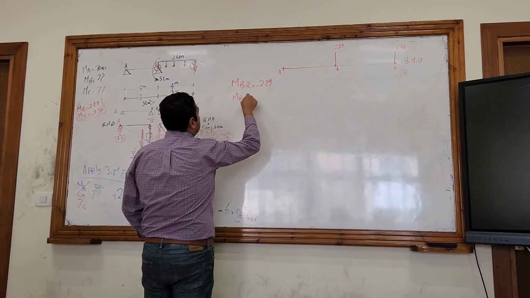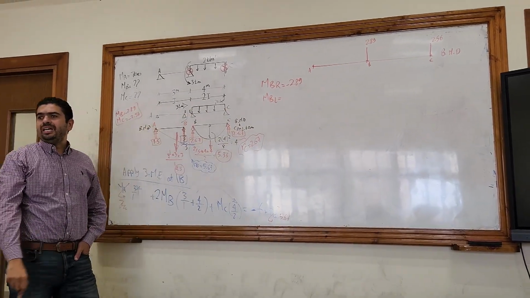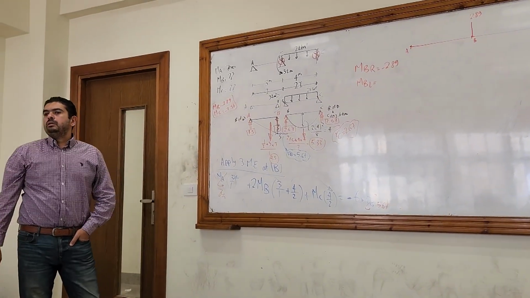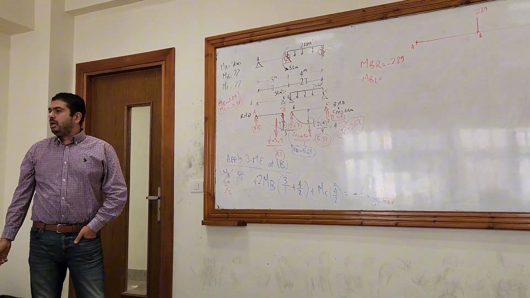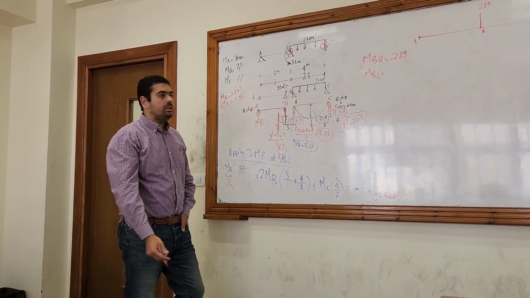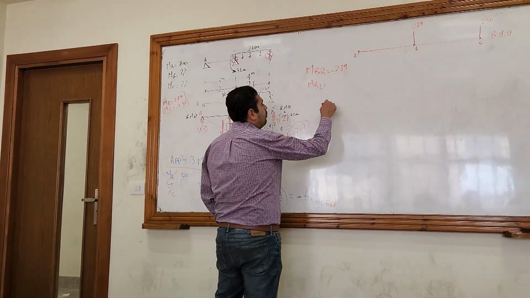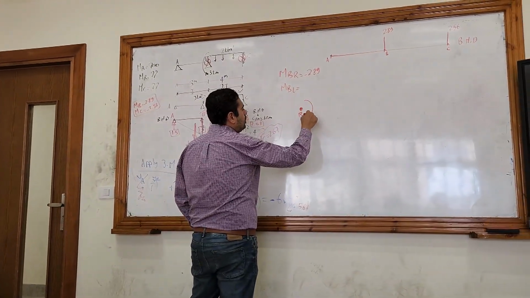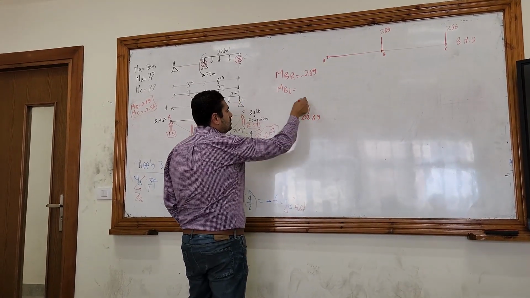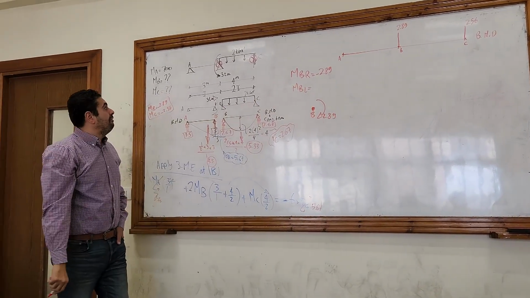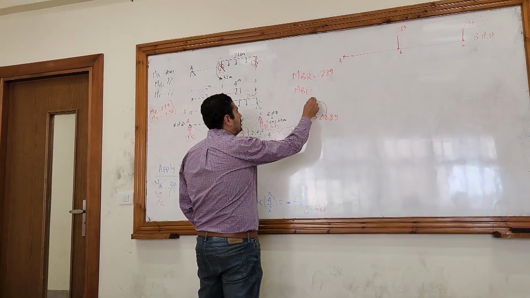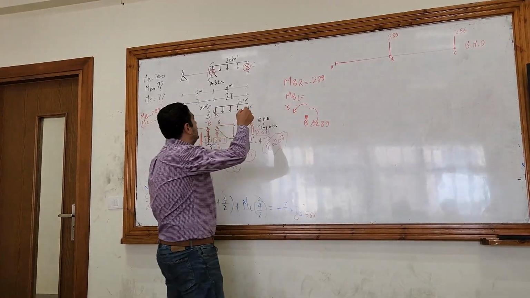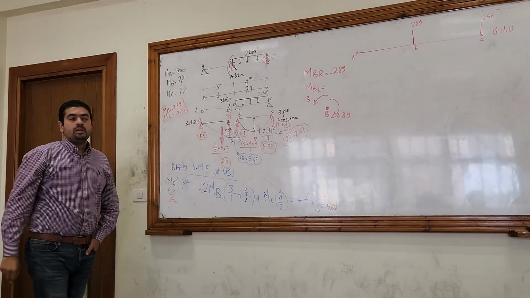Now I have to calculate MB left. How do I calculate MB left? I don't have the reaction. It's easy. I now know that this is point B. The right is 2.89, the tail is above. And the moment itself is 3 anti-clockwise.